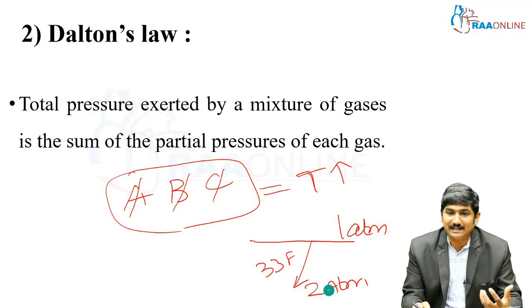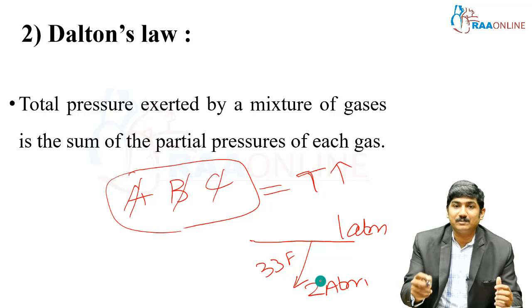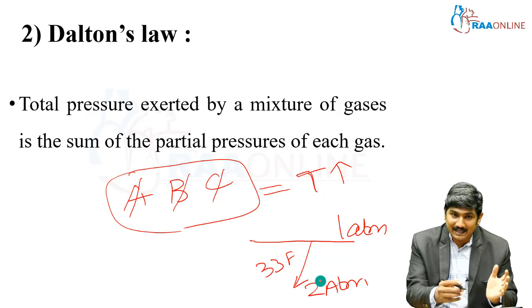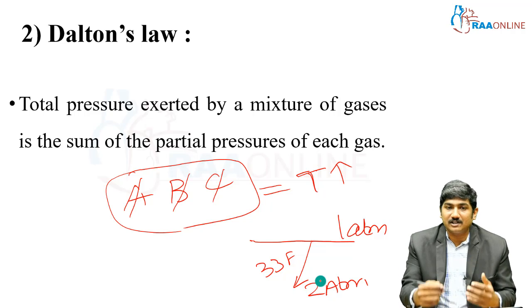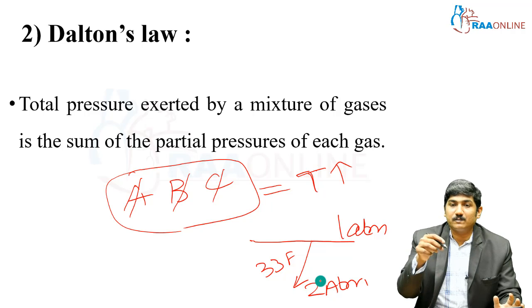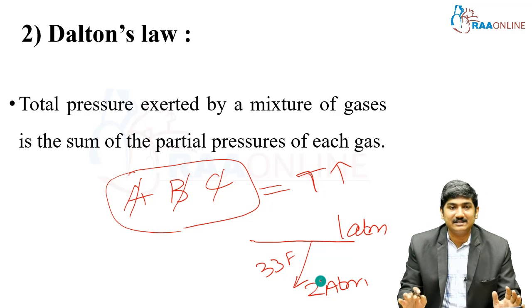That's what is called increasing pressure, right? So what Dalton's law says is, whatever mixture is there inside his compressed air, each and every gas, each and every A, B or C, its partial pressure also is going to increase. That's all it is. The deeper he goes, the more pressure he feels, and the more is going to be the partial pressure of the individual gases which he is breathing in. This is Dalton's law.